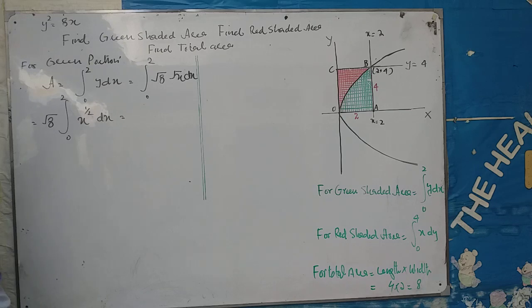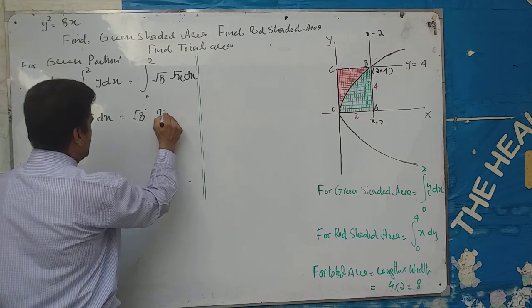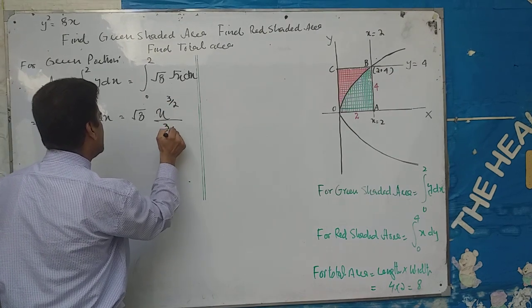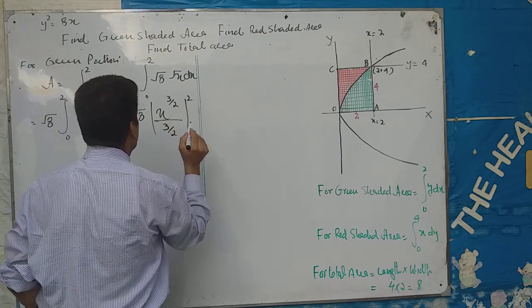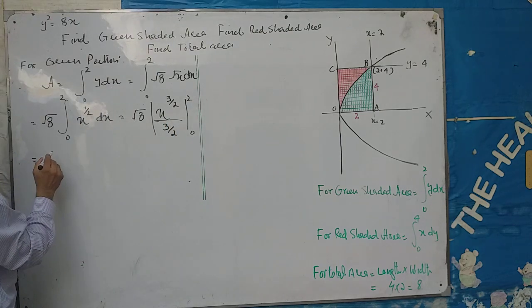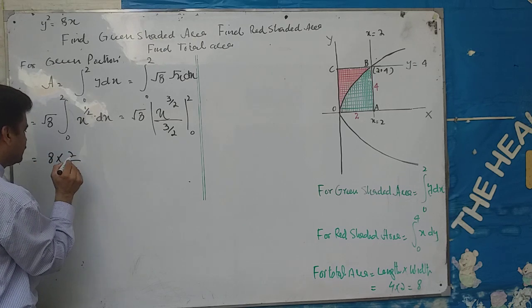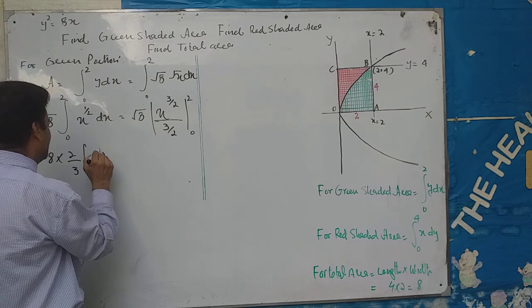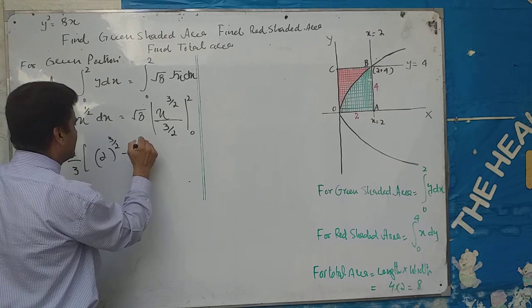After integrating, we get under root 8 times x raised to power 3 by 2 divided by 3 by 2, with limits from 0 to 2. After applying limits, we get 2 raised to power 3 by 2 minus 0 raised to power 3 by 2.